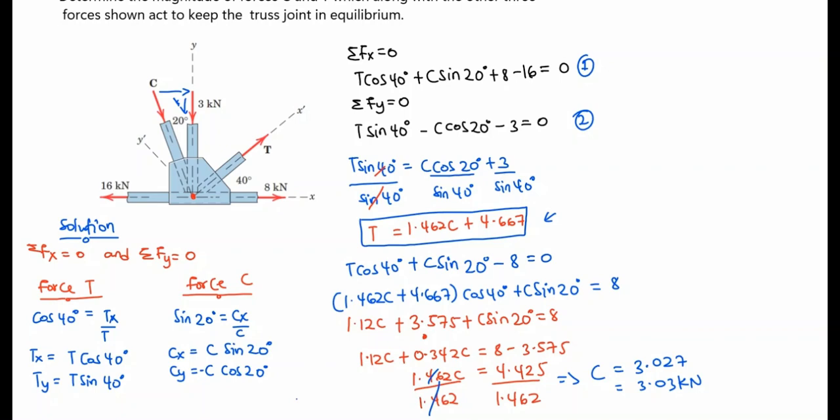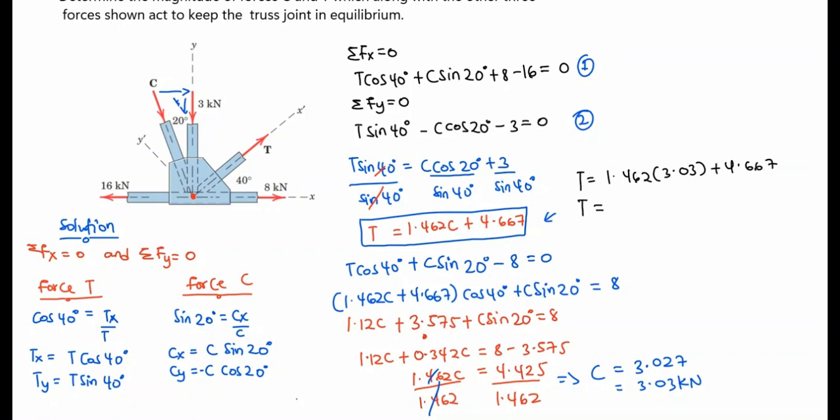Then you substitute this to get T. T is equal to 1.462 multiplying C, which is 3.03, plus 4.667.